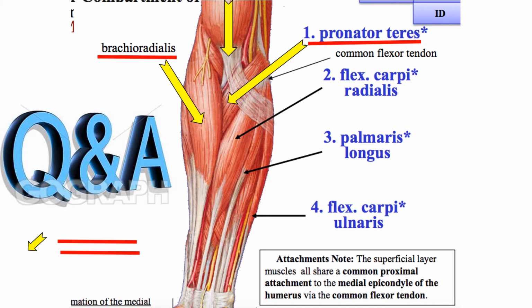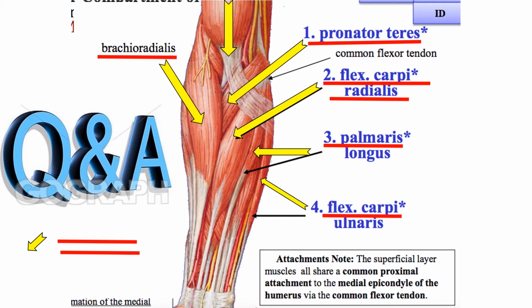Then we go down, and medially we see this muscle next to the pronator teres, and it is the flexor carpi radialis. Then more medially, it is palmaris longus. And then the most medial muscle is the flexor carpi ulnaris.